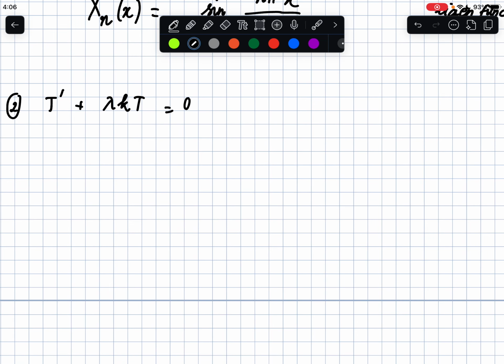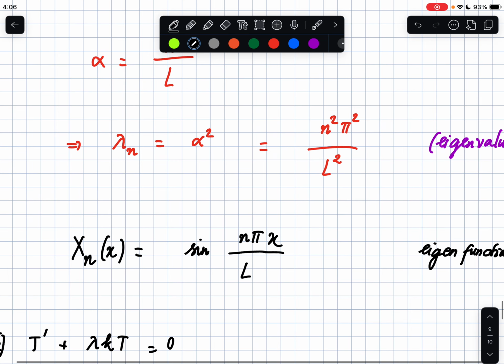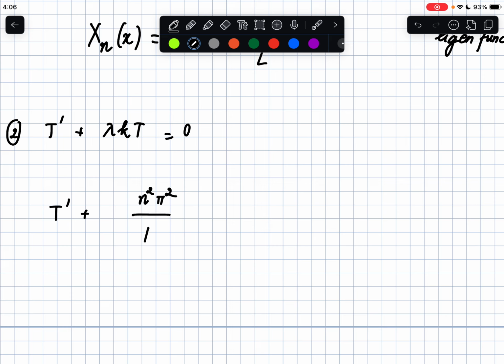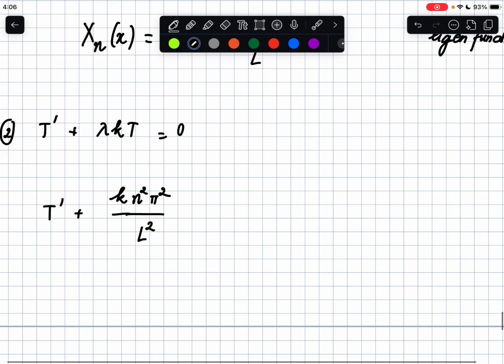Now I plug in lambda n equals n square pi square over L square. T prime plus n square pi square over L square times k, I put k here, multiplied by T equals 0.